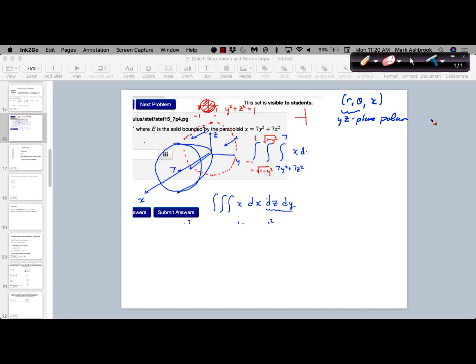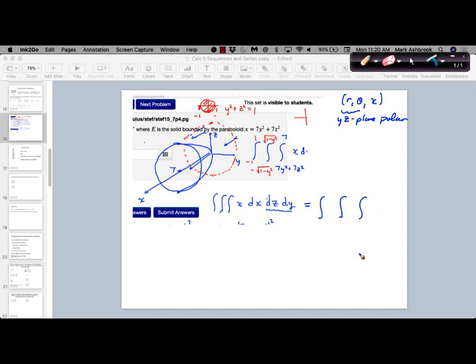So y would be r cosine theta, and z would be r sine theta. And then rather than z being the last coordinate, x is the last coordinate. Okay, and now we can do it fast.